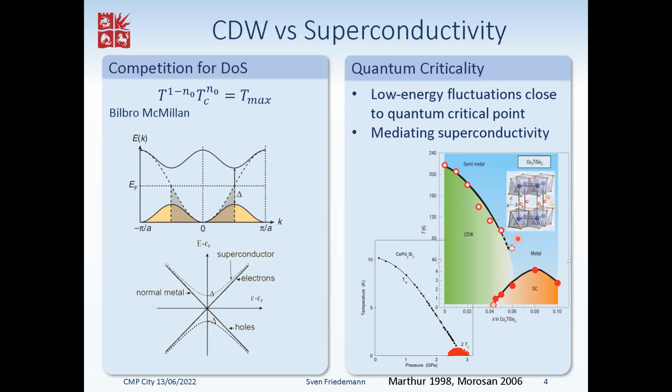So that was prompting this to be analogous to magnetic systems like cerium palladium-2 silicon-2, where a magnetic transition was clearly suppressed to zero temperature, and clearly a superconducting dome was observed around that quantum critical point.